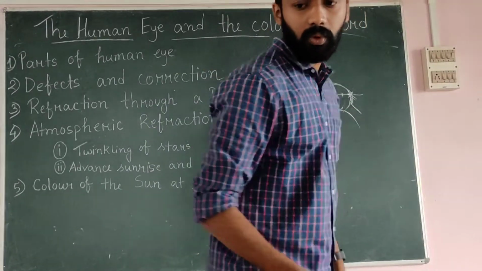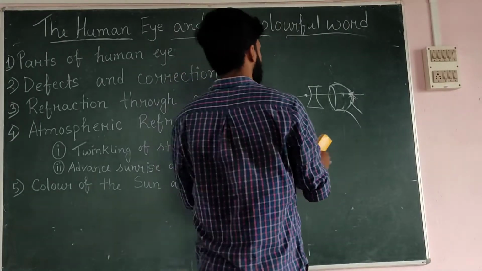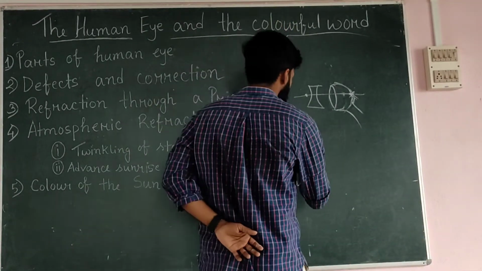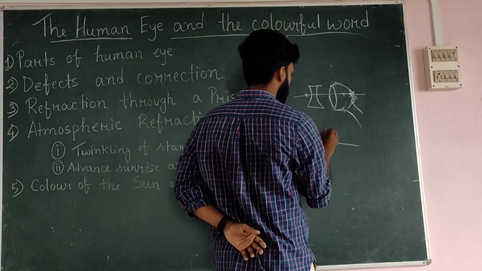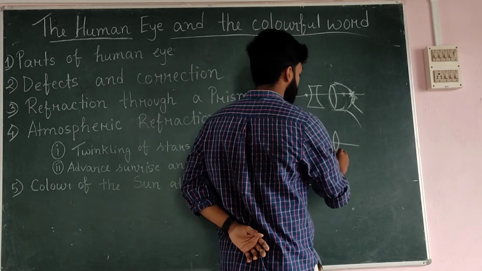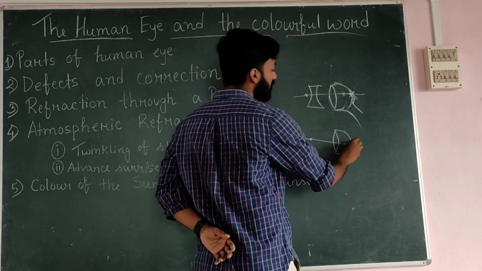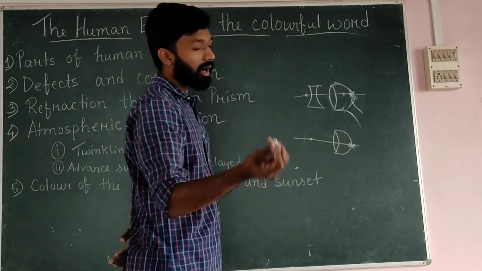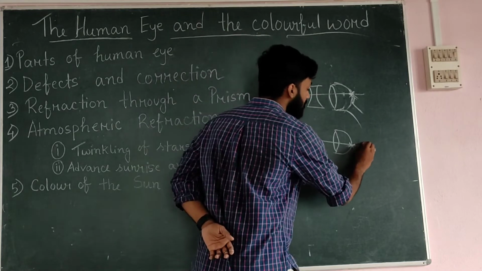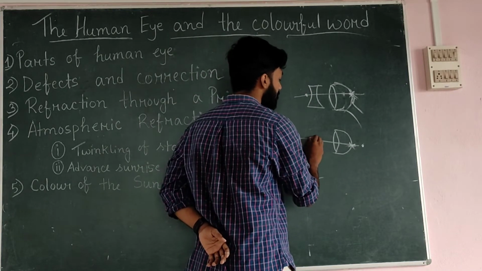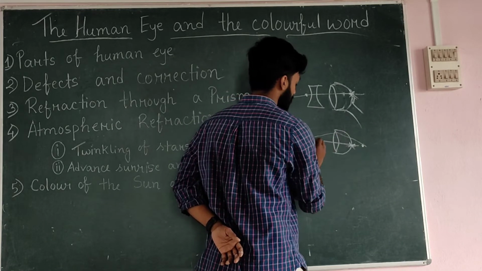Then the second case, what is the second case? Okay, I will draw it here. Similarly, the object is here, and we have the eyeball. Now the image should be formed here, but the image is formed behind it.